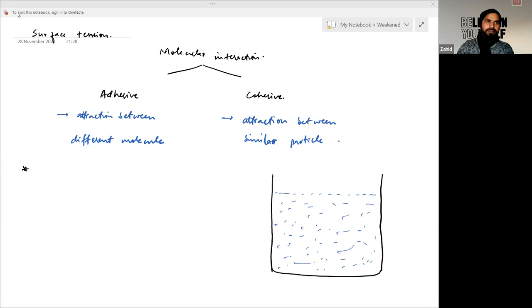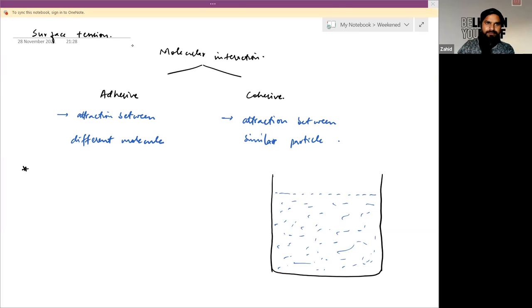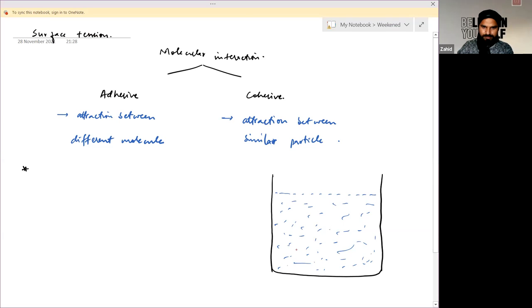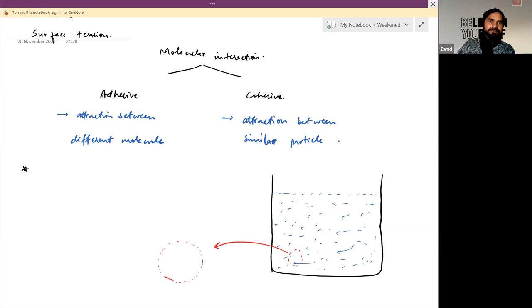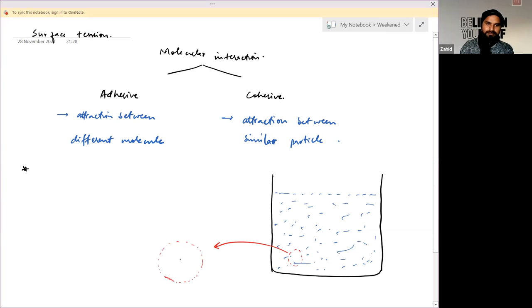Let's say at this lowest point, there will be a particle at the center, which may be attracted from all its neighboring particles due to cohesive force.